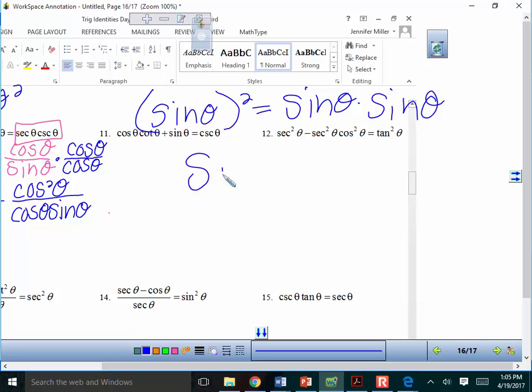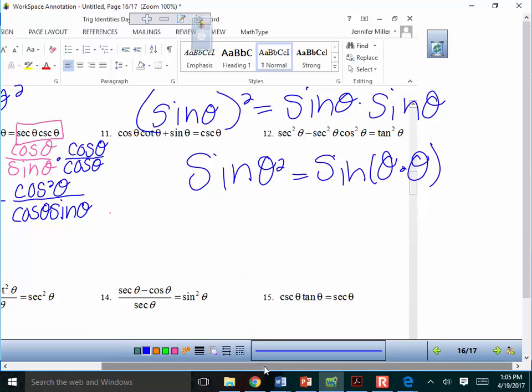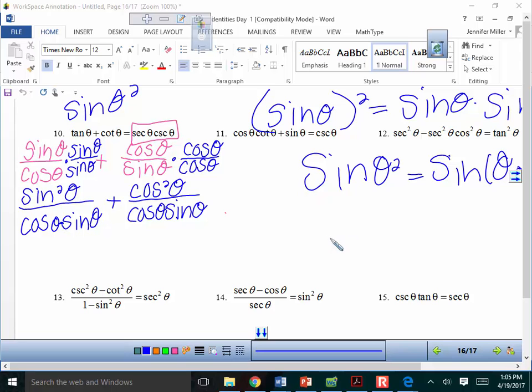But if you just wrote sine of theta squared, then this would mean the sine of theta times theta, which is different. Okay? And just so we don't have to write these parentheses every time, that's why we put the 2 here. It's sine squared of theta, which means we're multiplying sine of theta times sine of theta. It's just notation, but okay.